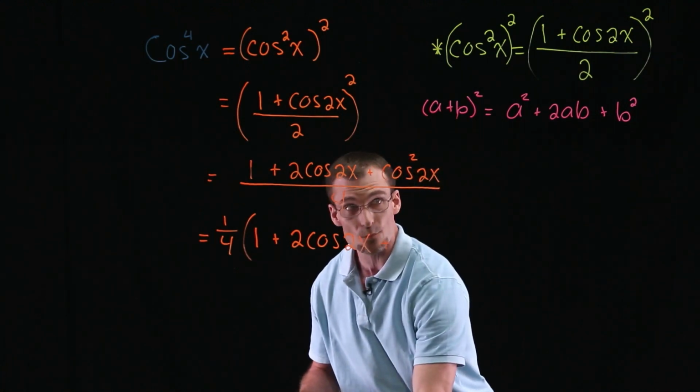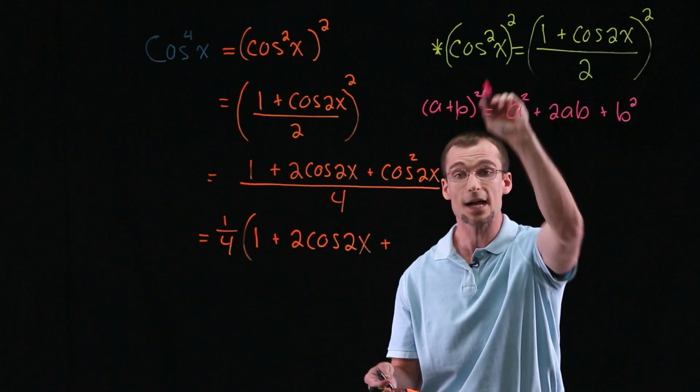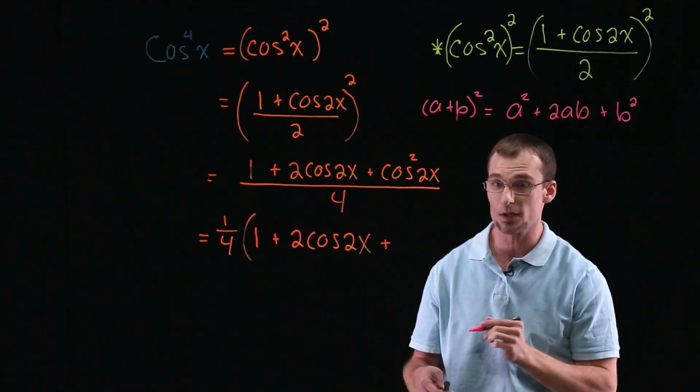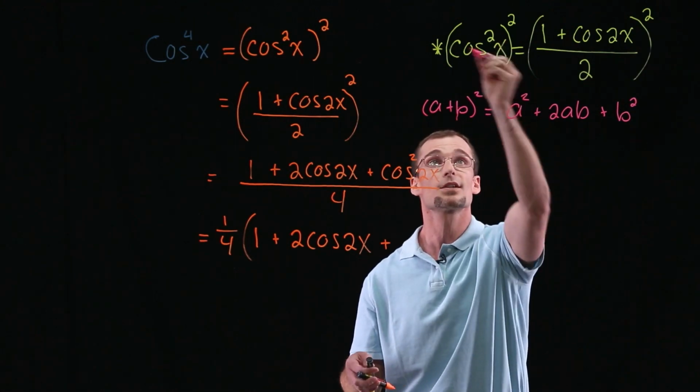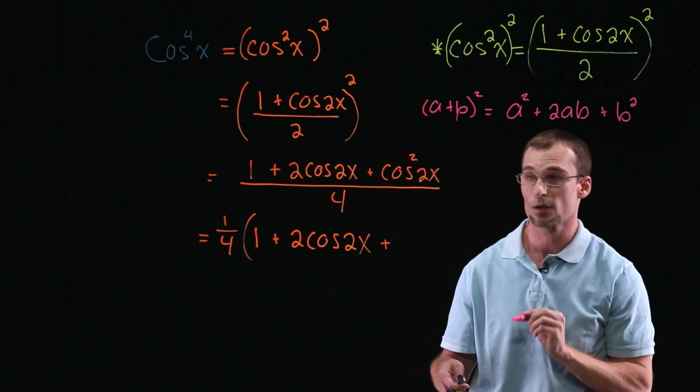Well, if we go back and look at our formula for our power reducing, cosine squared of x is equal to 1 plus cosine of 2x divided by 2. So what that fundamentally says is, whenever we have cosine squared of some angle, over here we're just doubling that angle.